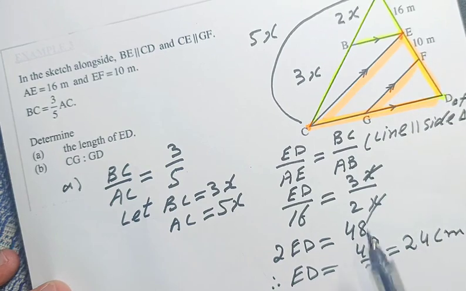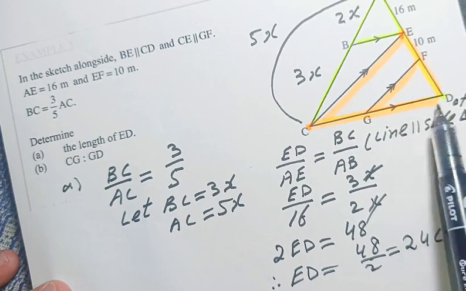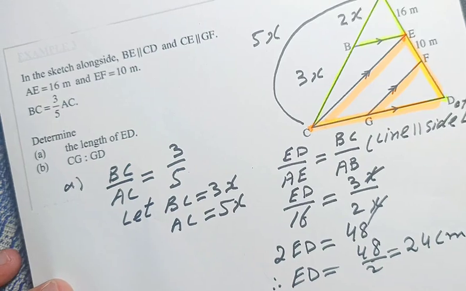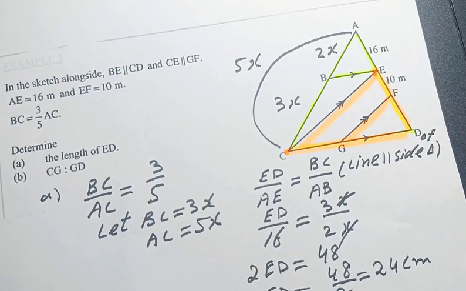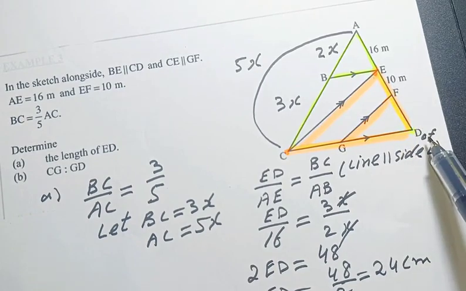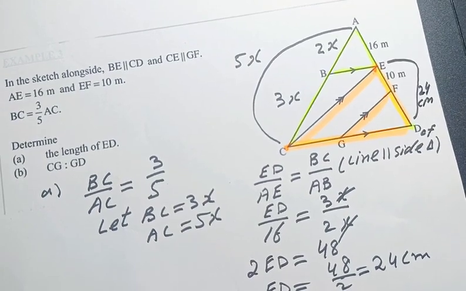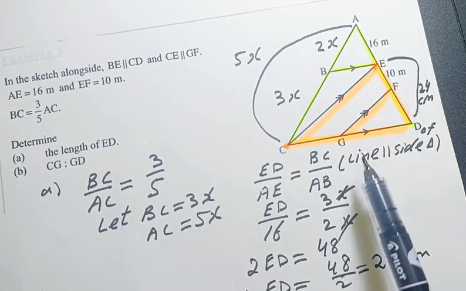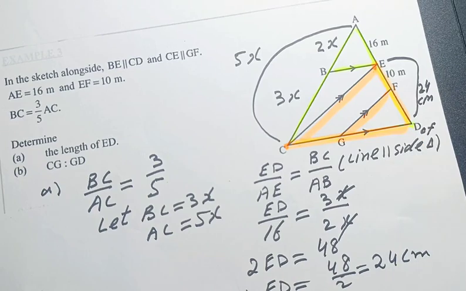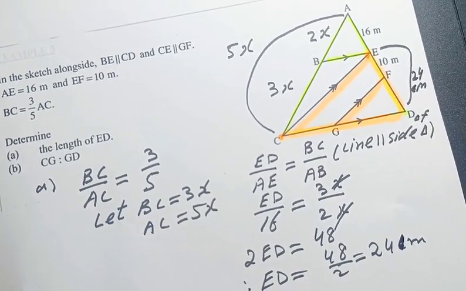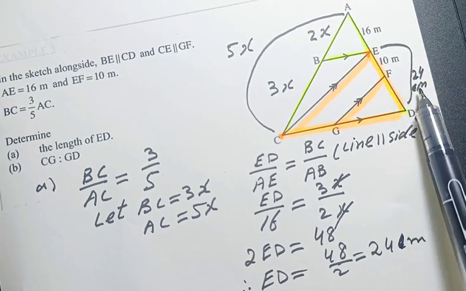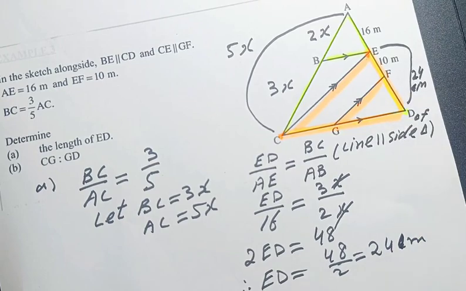Now, we got EF 10 and FD we need to find. Remember we found ED is 24. So ED is 24 centimeter. EF got 10, so FD is gonna be 24 minus 10, which is 14. Sorry, I need to rectify: 24 meter, not centimeter. So this is 24 meter. 24 minus 10 is gonna be 14.